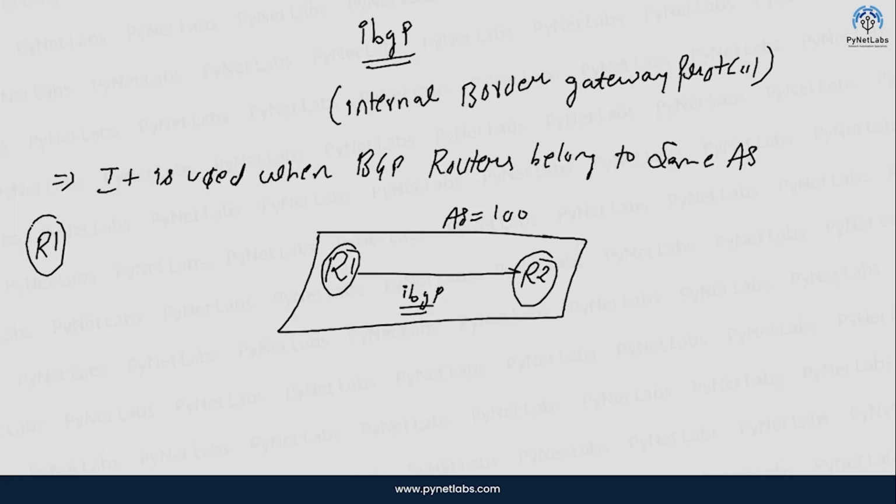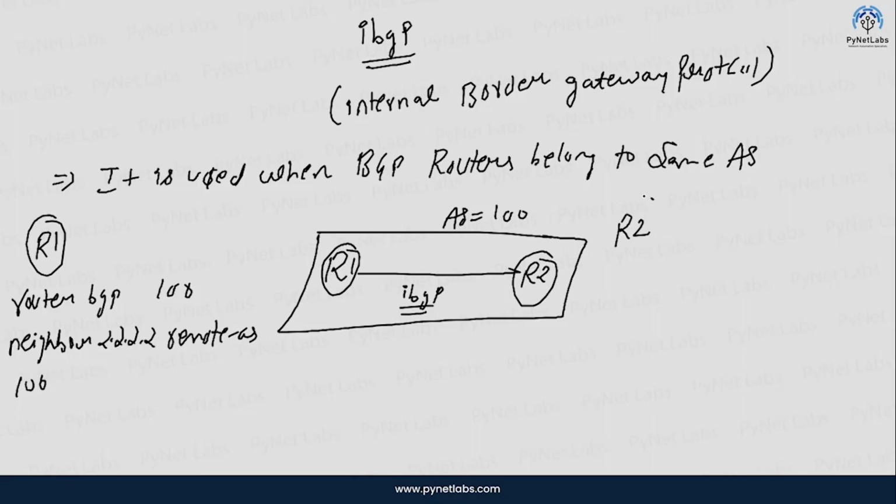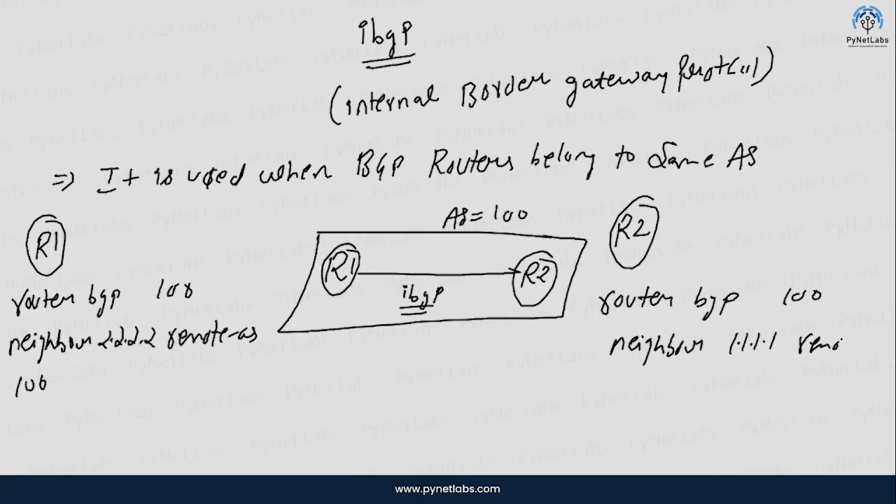Now let's look at the commands. On R1, if you want to configure iBGP, you write router BGP with AS value 100. When you define the neighbor, let's say the opposite neighbor is 2.2.2.2, and the remote AS of this neighbor is 100 only. On R2, again router BGP, you write the AS number, then you define your neighbor: 1.1.1.1, and the remote AS is 100.